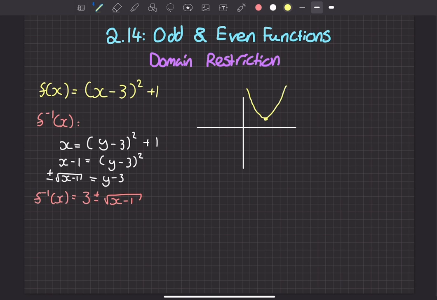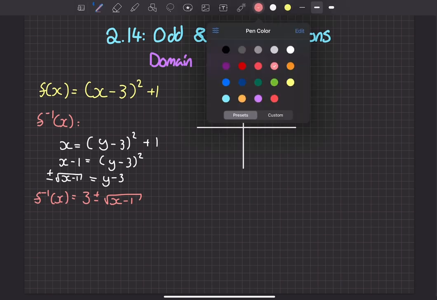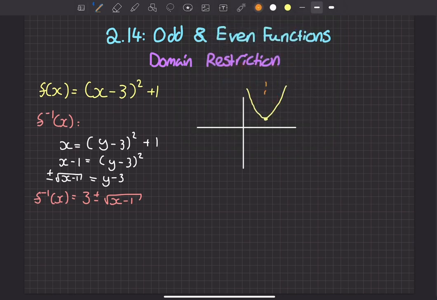Now, what we can do is we draw a line across the turning point, and we want either this side of the function or this side of the function. Basically, we want to make the function one-to-one. So each y has only one x, and each x has only one y. So we either want this side of the function or this side of the function.